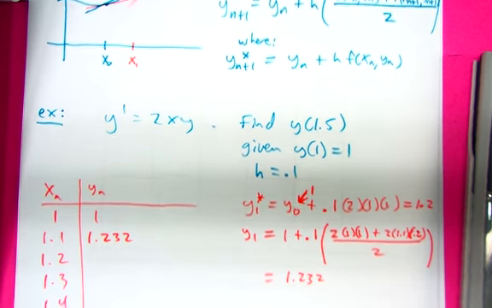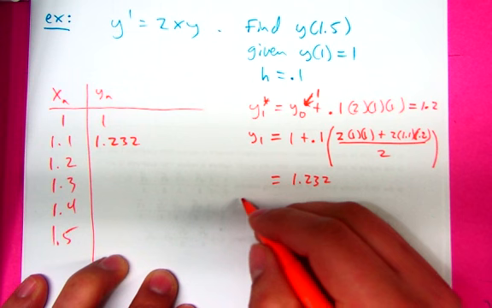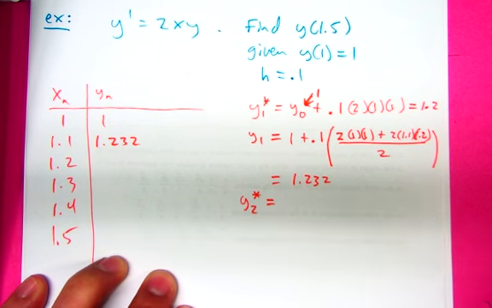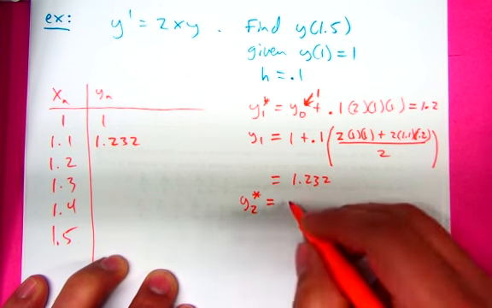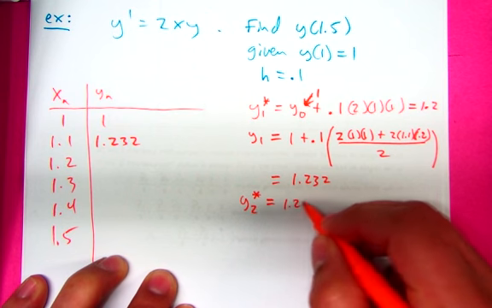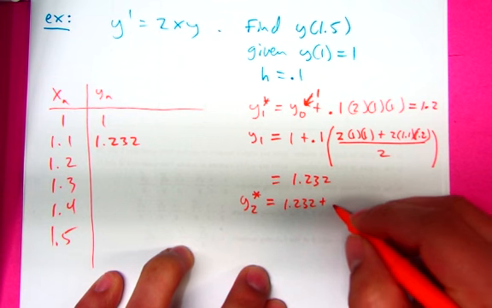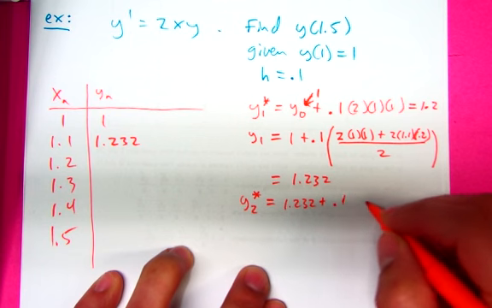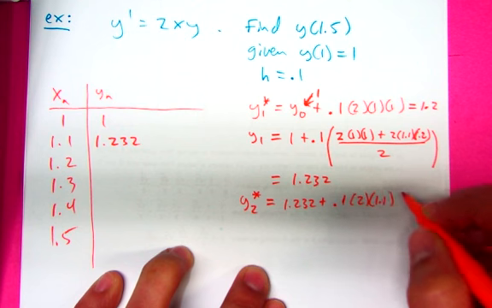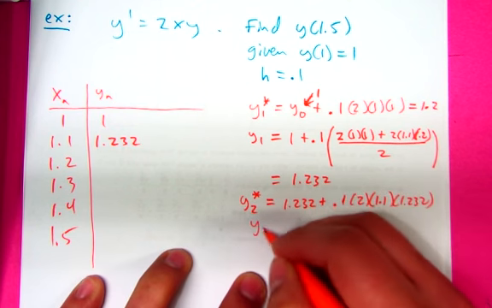We'll do one more for good measure, and I think you get the hang of it. y2 star: previous y value is 1.232 plus step size 0.1, and now we plug in 1.1 and 1.232 to get y2 star.